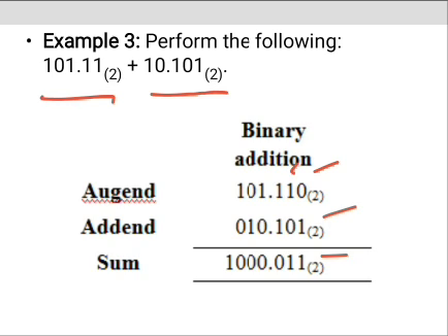In the second column, 1 plus 0 equals 1. In the third column, 1 plus 1 equals 0 sum, carry 1. Again 1 plus 1 equals 0, carry 1, and 1 plus 1 equals 10.